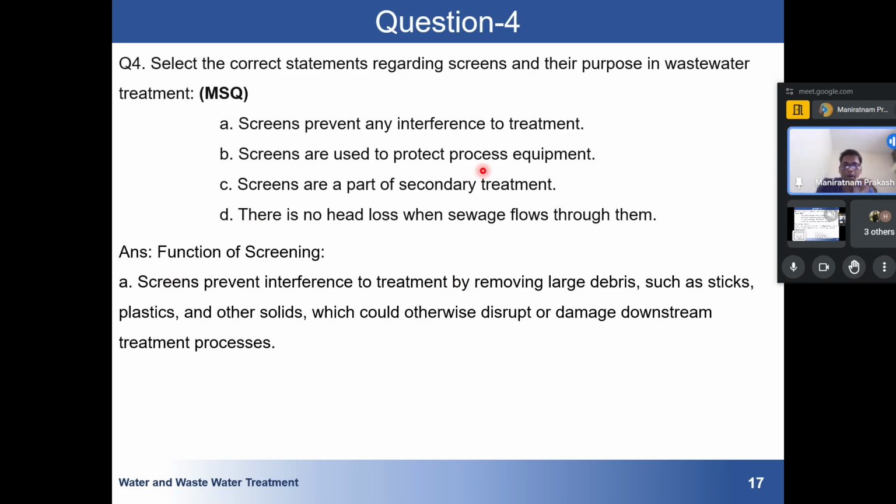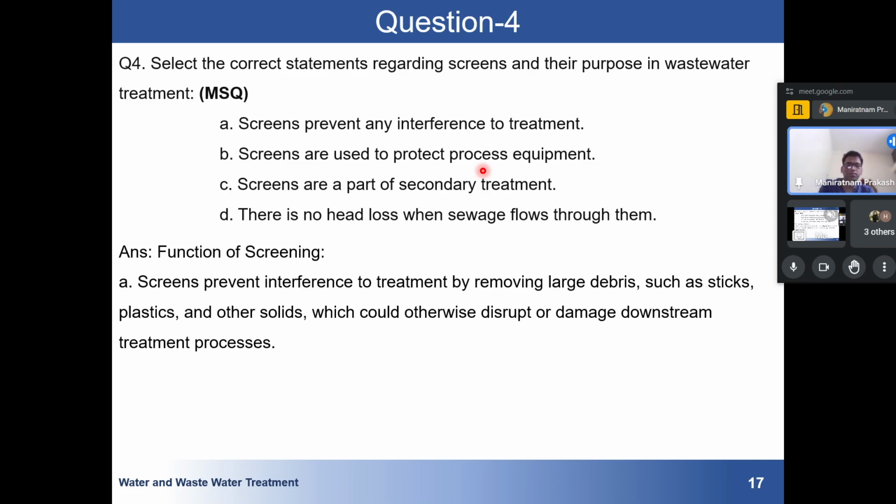Every unit is part of either preliminary, primary, secondary, or tertiary treatment. In preliminary treatment we remove boulders and large size particles. That is the function of our screen chamber.